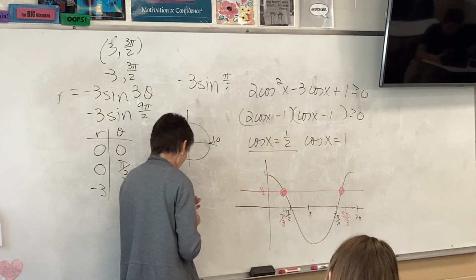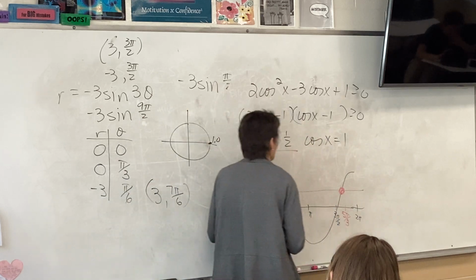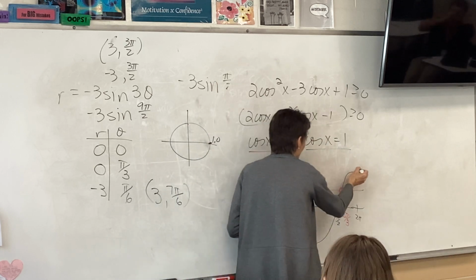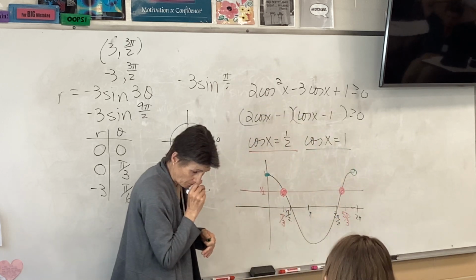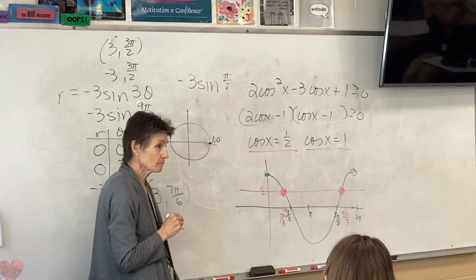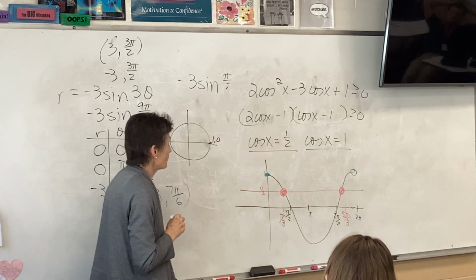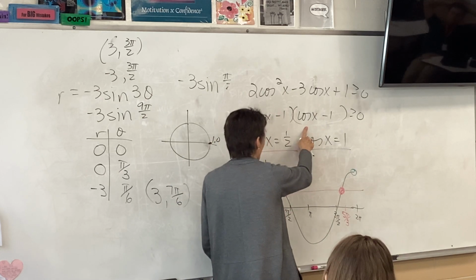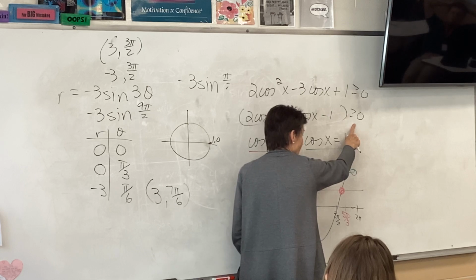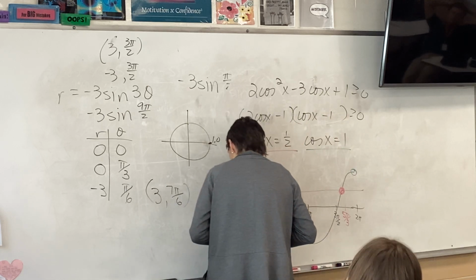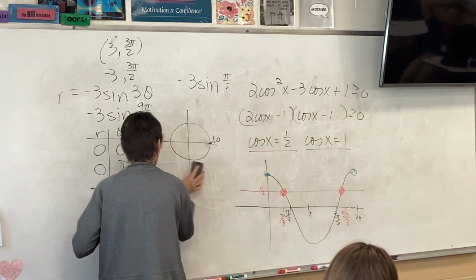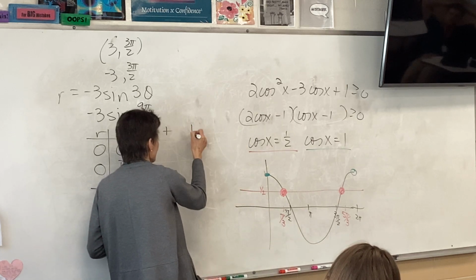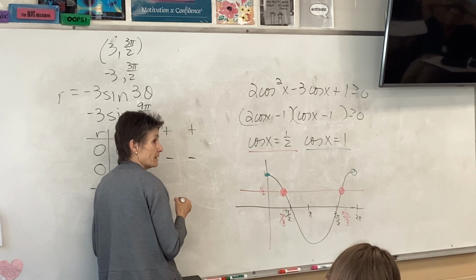Now, what angles have a cosine of 1? 0 and 2 pi, but I'm not counting 2 pi. I am multiplying these two things together, and I want the outcome to be positive. How do I multiply two things together and end up positive? Both positive or both negative, right?